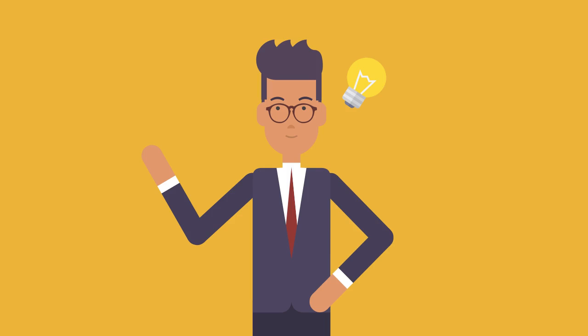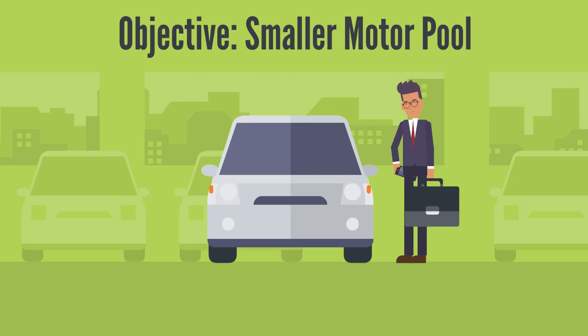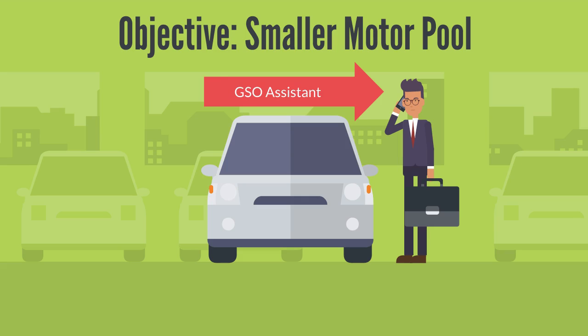But let's go through a simple scenario to make it even clearer. Let's say that you want to create a smaller motor pool. You would do this by adding driving responsibilities to several positions in GSO, RSO, facilities, which would require a driver's license. This seems like it would be very convenient, but let's look at the considerations and unintended consequences of the scenario.